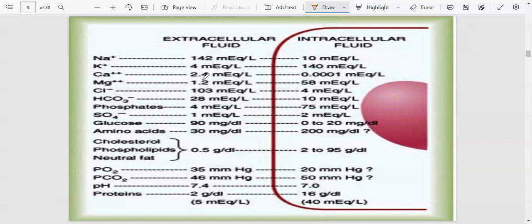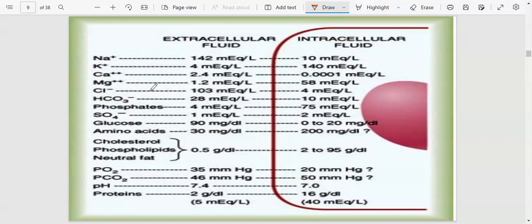Outside is 2.4, inside is 0.001. That is very low, approximately equal to zero, when you're taking, let's say, two decimal places.